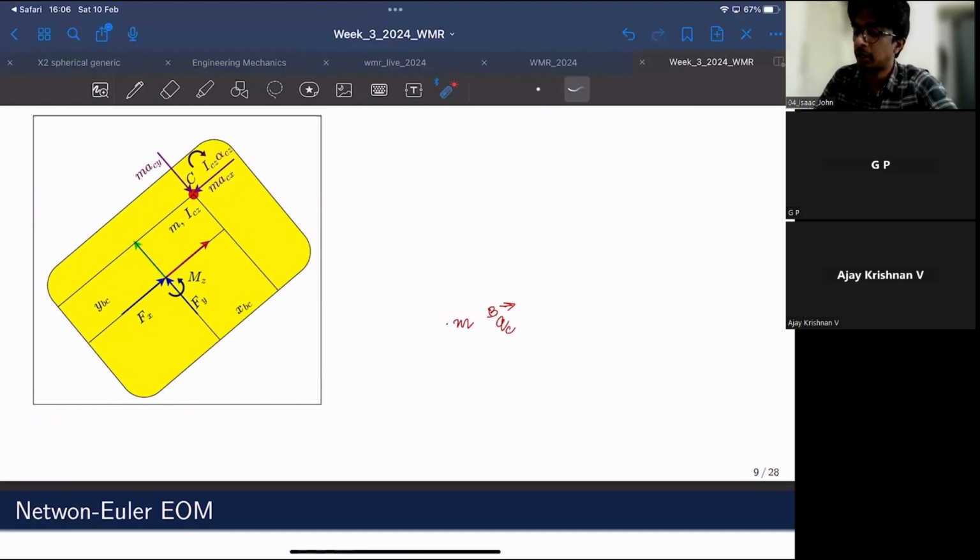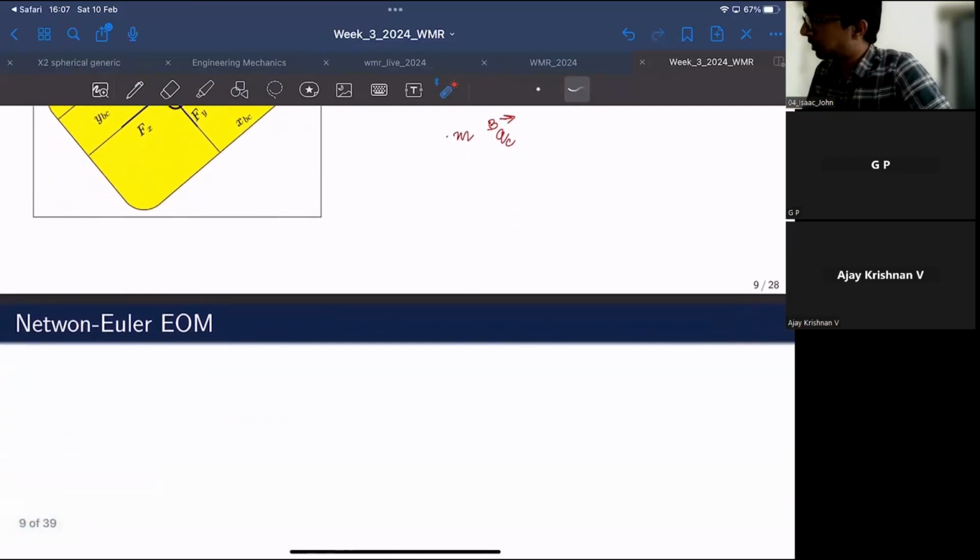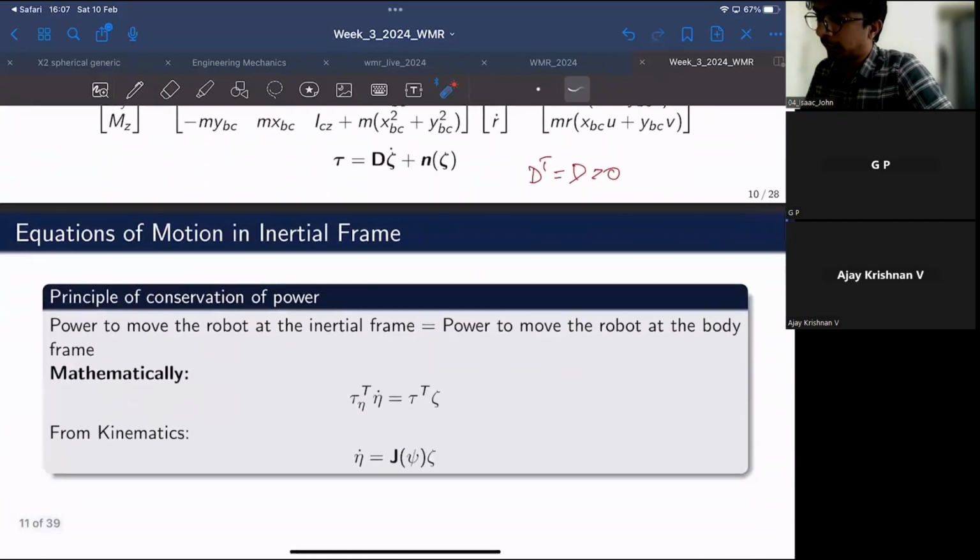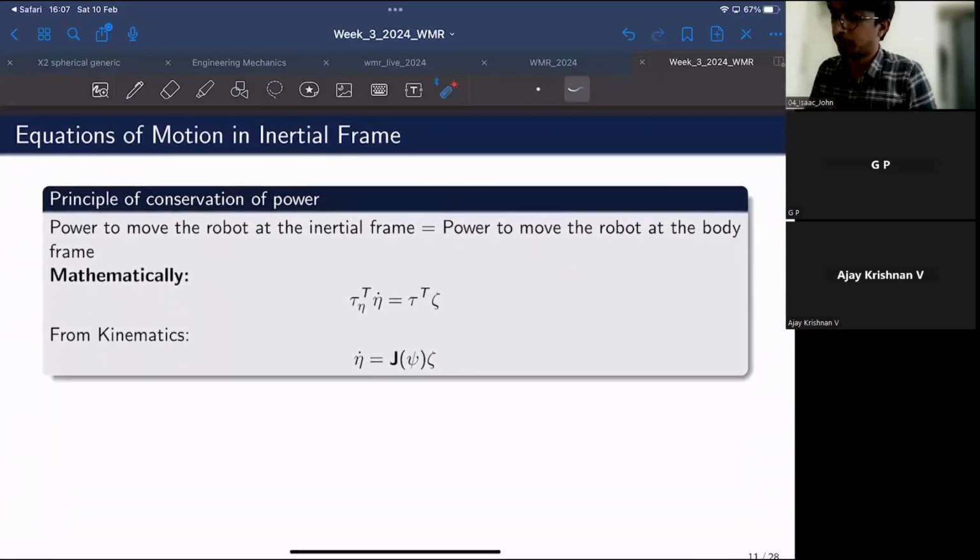Just like how we map the velocities from the body frame to the fixed frame, you can also do a similar kind of mapping of the torques or forces from the body frame to the fixed frame. How do you do that? It's nothing but conservation of power. It states that the power consumed at the inertial frame is equivalent to the power consumed at the body frame of reference. So it does not matter in which coordinates you define the dynamics, the power is the same.